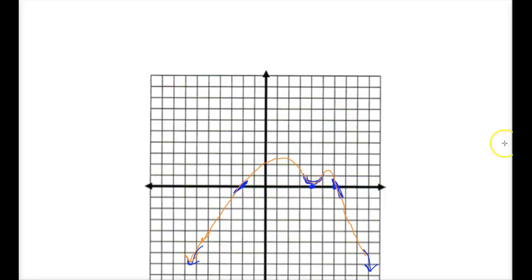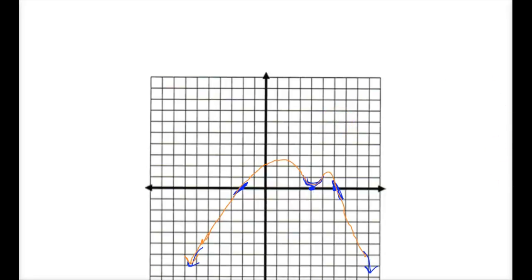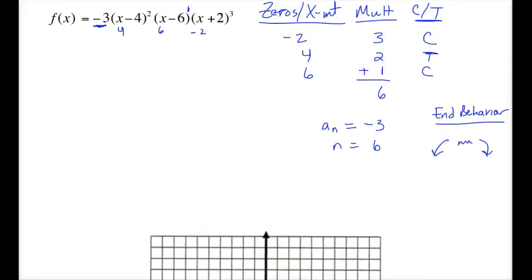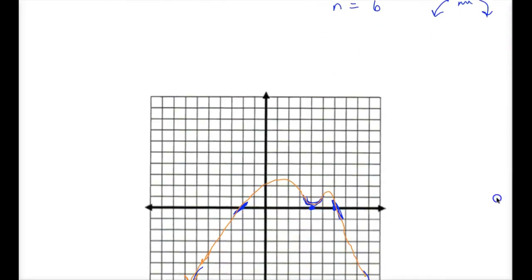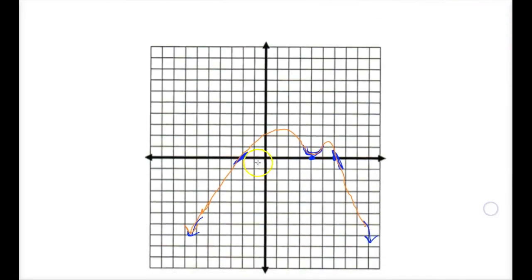And of course, if we wanted to get a little bit more specific, we could indeed figure out where the y-intercept is by just plugging in 0 for all these values of x here. You'll quickly find out that that would actually end up being a somewhat large number there. So we really wouldn't want to worry about that right now. But the main thing is that you understand the basic profile of the graph, which would look something like this.